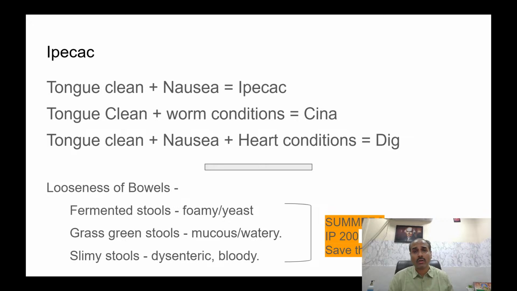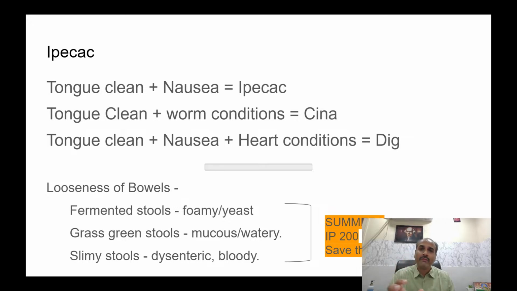And number three, what Dr. Nash tells is a slimy stool or dysenteric and bloody stool. And these three will be the major presentations where you will require to give ipecac in all the cases of disturbed bowel conditions with the nausea present.